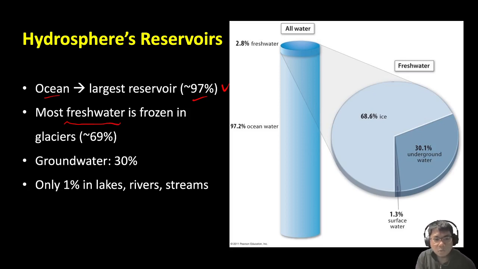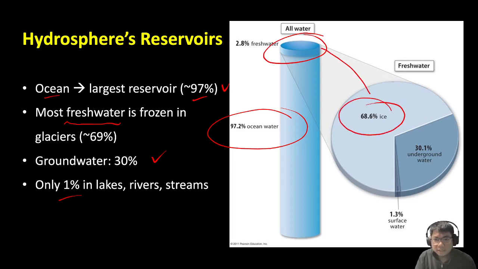We also have groundwater as about 30% of the fresh water, and there's only about 1% in lakes, rivers, and streams. So this is the illustration: 97% is in the ocean, and then we also have about 2.8% of fresh water, and fresh water is found in ice, groundwater, as well as surface water such as lakes, rivers, or streams.